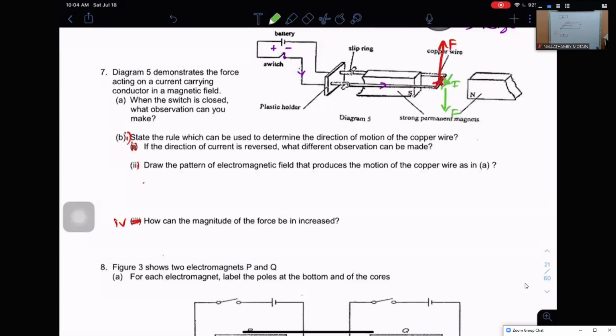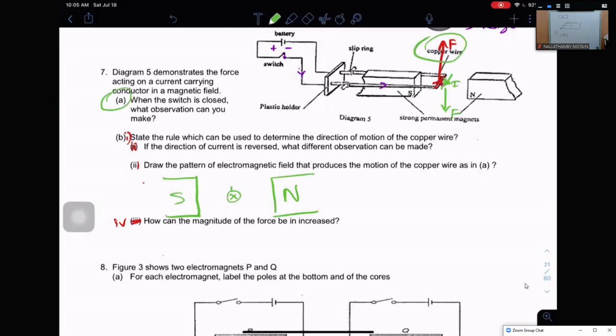And then draw the pattern of the electromagnetic field that produces a motion of the copper wire as in A. In A, the wire is moving upward, correct? So for that, let's draw. Over here on the left hand side is south, right hand side is north. This one they ask you to draw the catapult field. Current is in, so we have to put a cross.